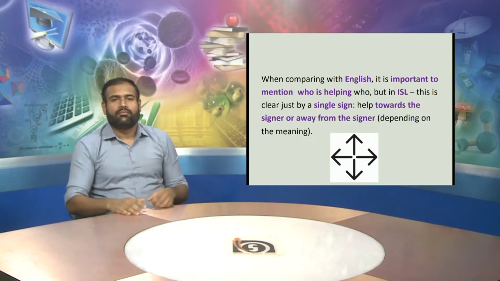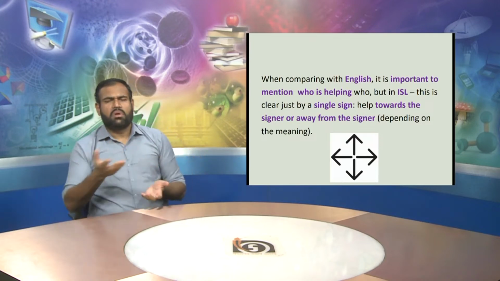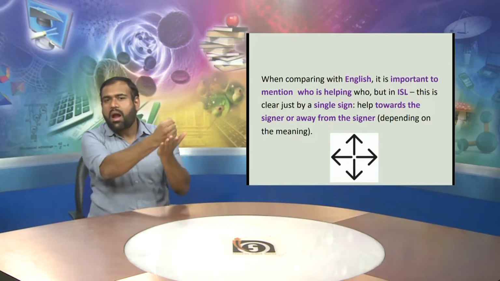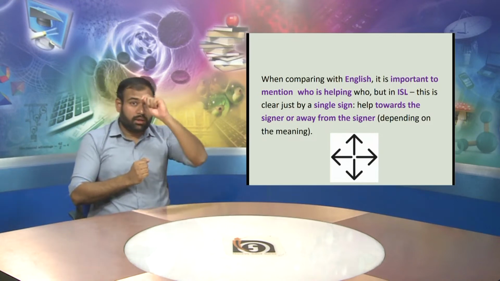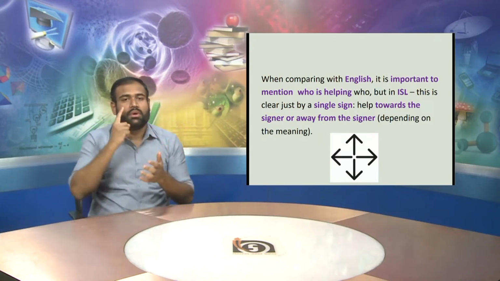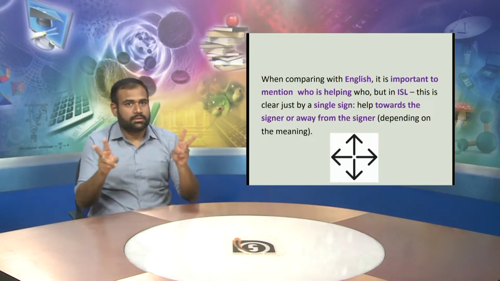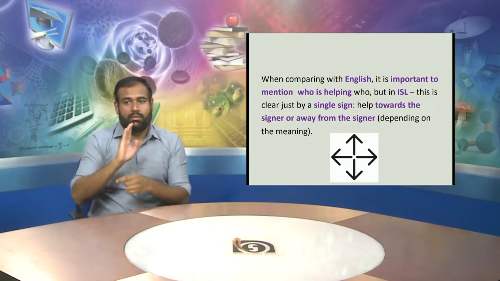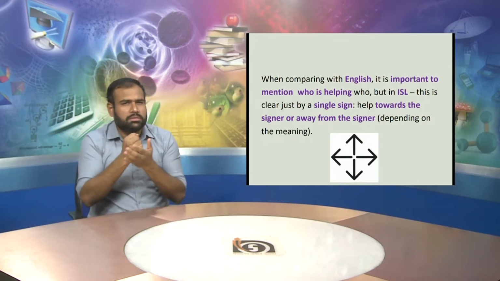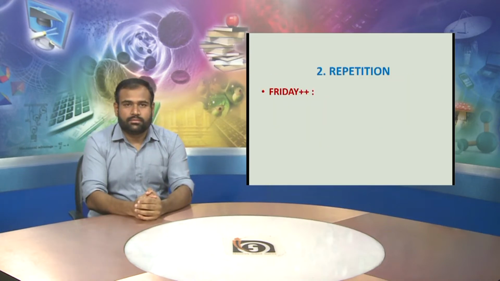You scolding me. You teaching me. See, there is only one sign and in a specific direction. But in English, it will be different. In English, there will be some grammar rules or some new words. So you need to practice more with your friends.